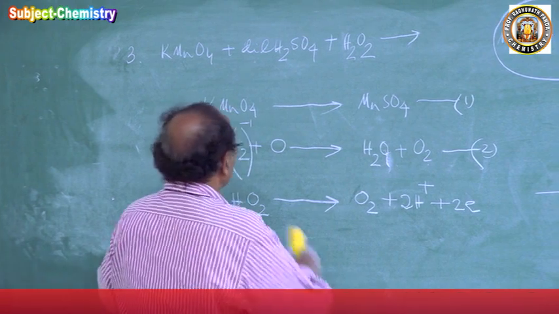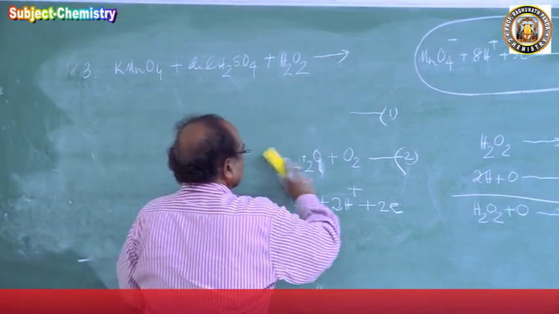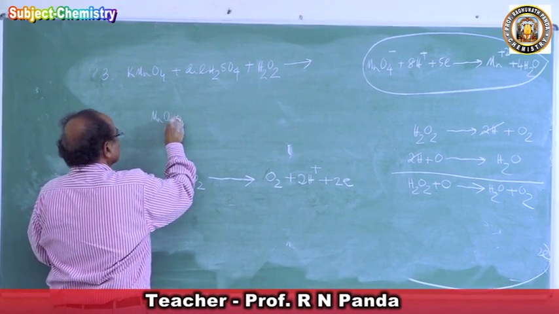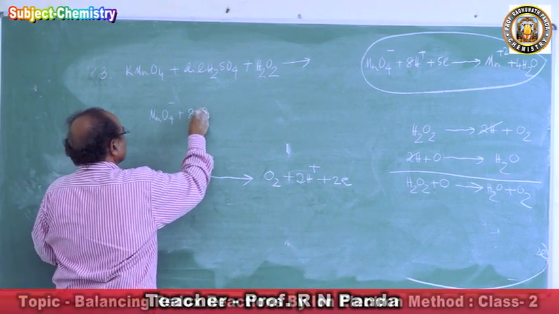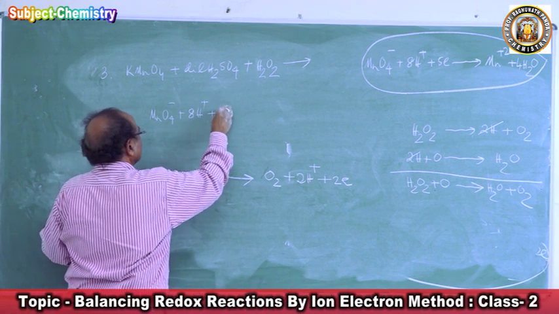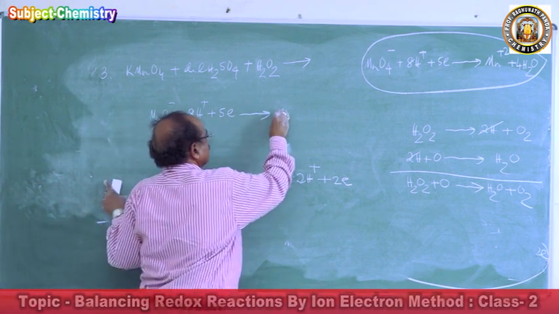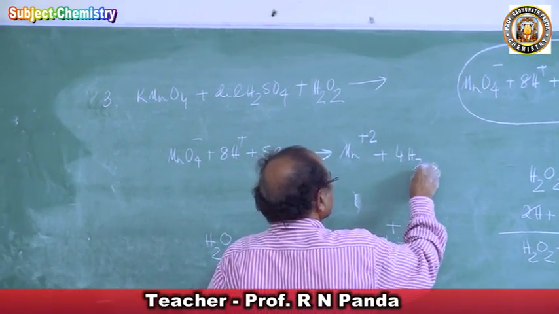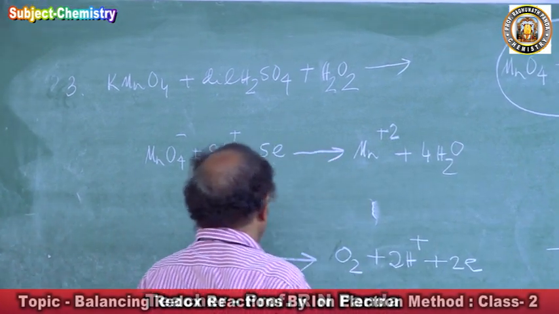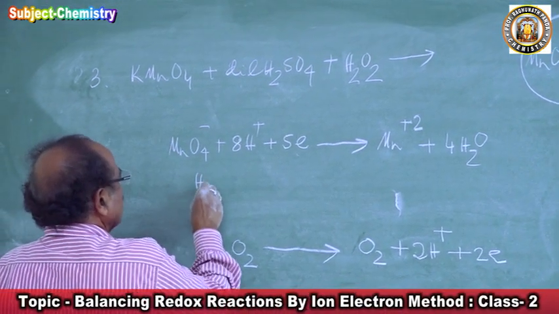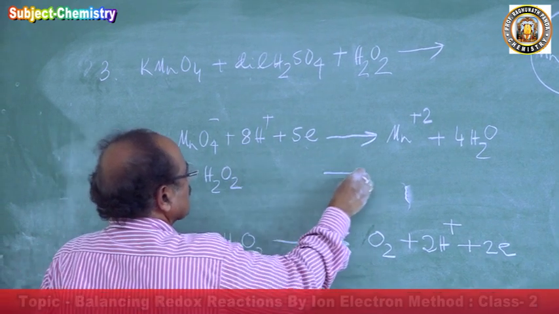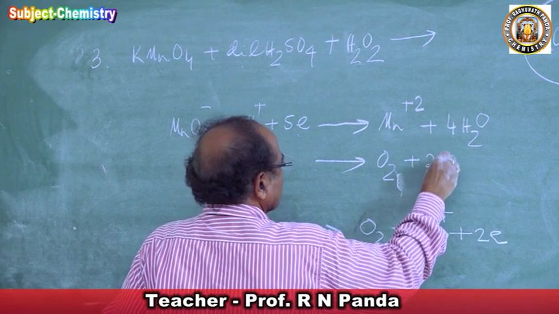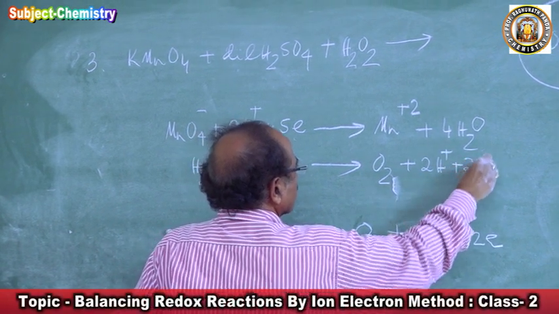That is the equation for potassium permanganate. We will take the 2 equations and balance them. So we have MnO4 minus plus 8H plus plus 5e gives us Mn2 plus plus 4 water, and the equation for hydrogen peroxide is H2O2 forming O2 plus 2H plus plus 2 electrons.